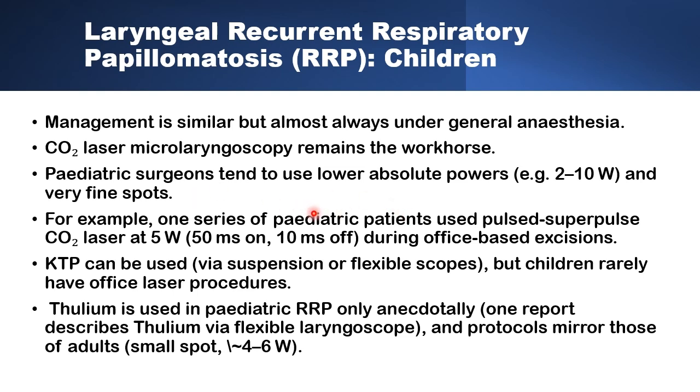In one big series of pediatric patients, the carbon dioxide laser was used at 5 watts, 50 milliseconds on and 10 milliseconds off. A KTP can be used, and to a lesser extent thulium, but both would be used under general anesthesia rather than in the office, because that would be better tolerated by the children.